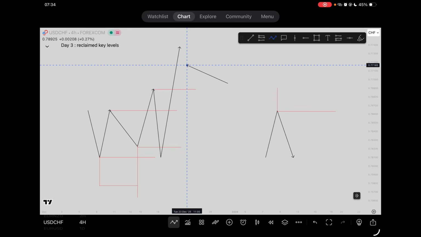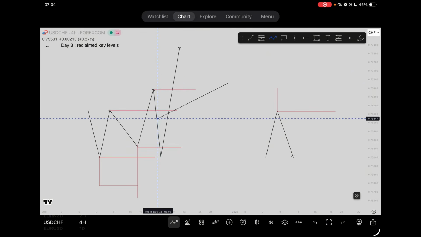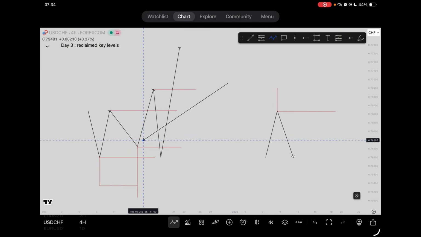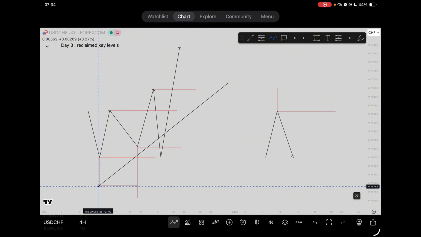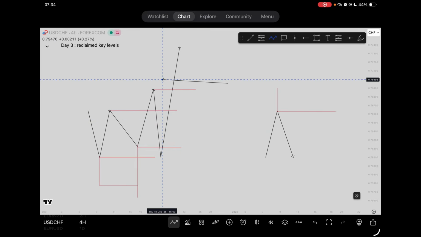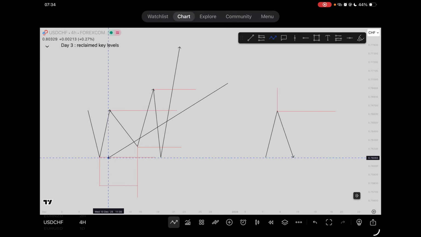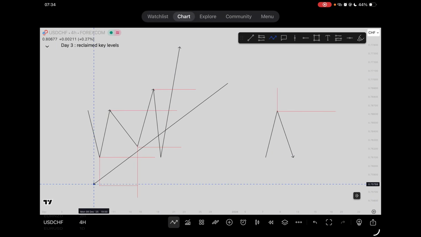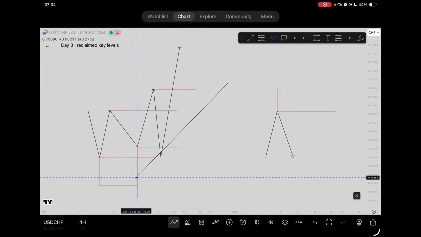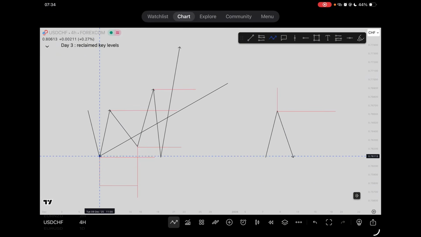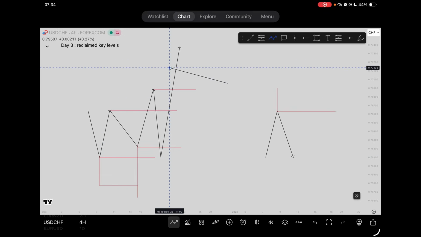Like my mentor always says, price seeks to do two things: take out an old high or rebalance an old imbalance. You understand? So you need to know this, right? After price has taken out this low and closed inside, then we know that price will come back here to continue the buy.